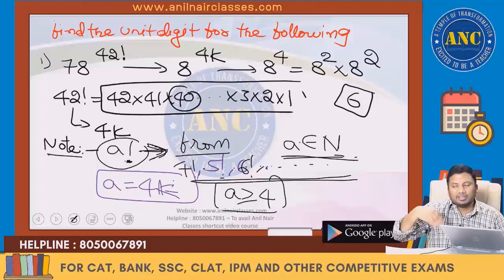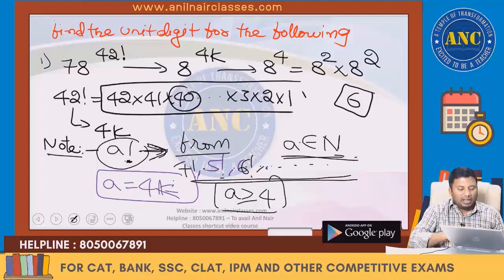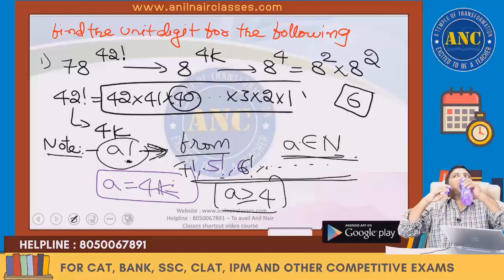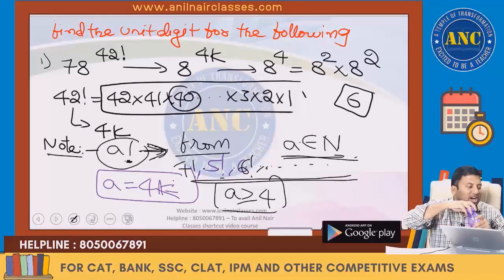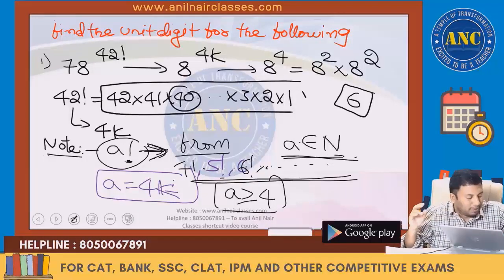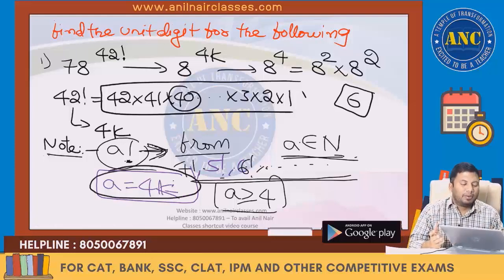If a is 4, 5, 6 and so on, a factorial, a is starting from 4, is always divisible by 4k.